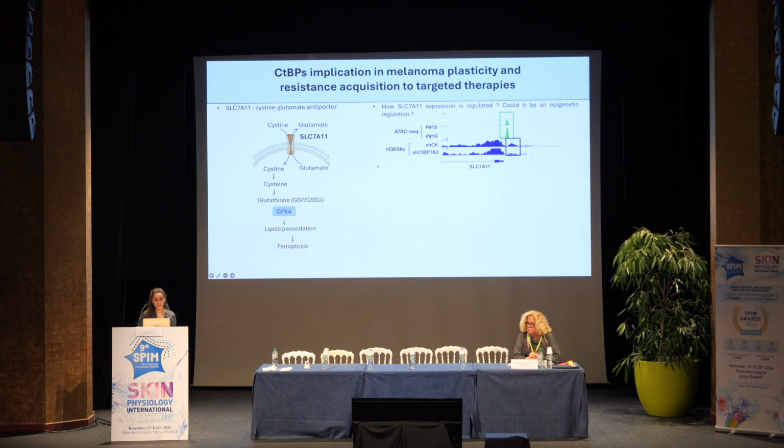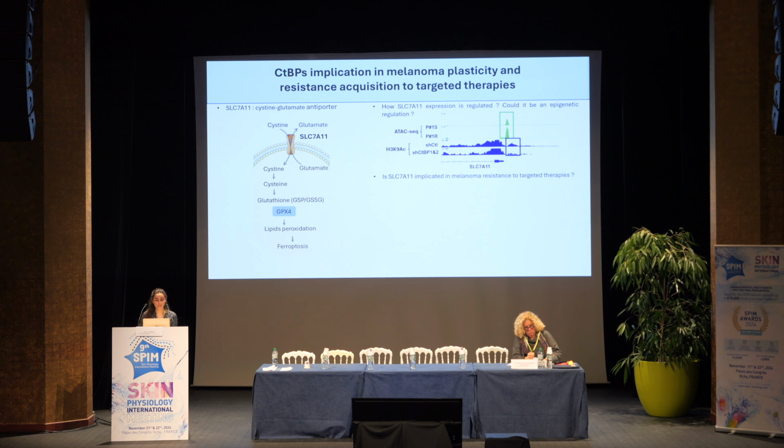And then we also performed some ChIP-seq in order to look at the mark H3K9 acetyl, which is an active mark that will allow the transcription of the genes. And what you can see is that in knockdown cells for CTBP1 and 2, we have a decrease of this peak just above the promoter of SLC7A11, also confirming the results that we have, a decreased expression of SLC7A11 while we knock down CTBP1 and 2.